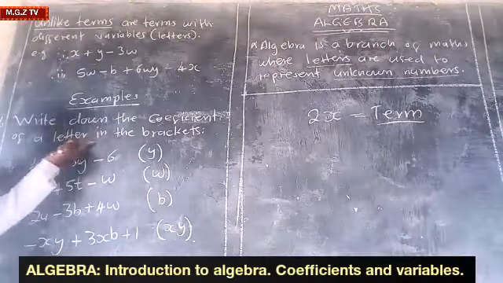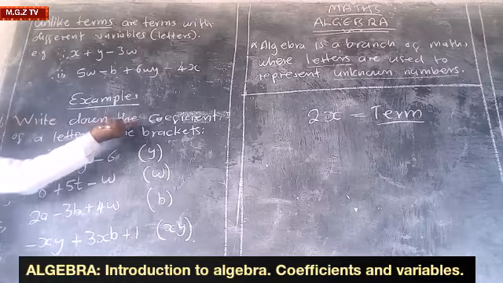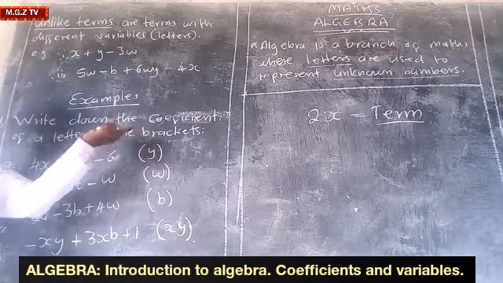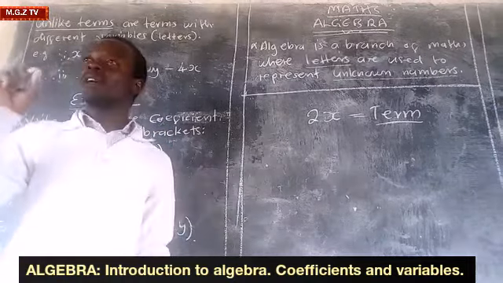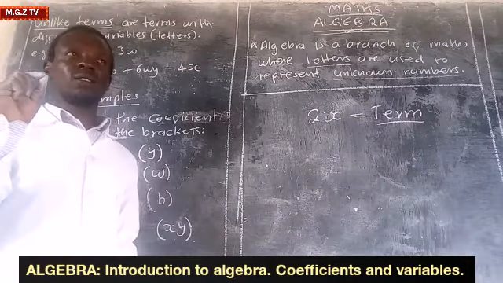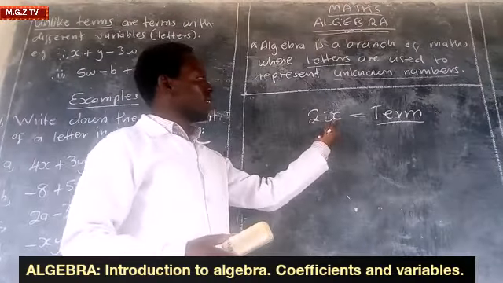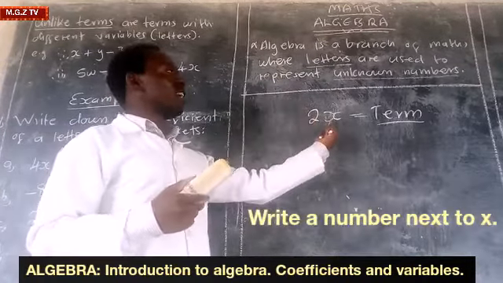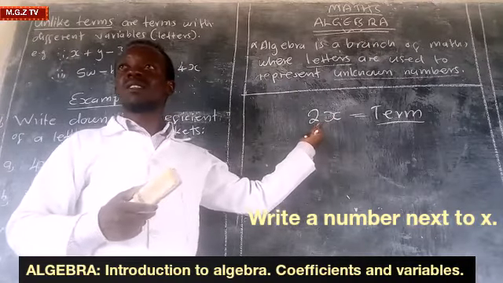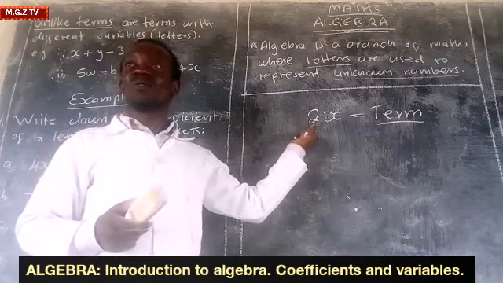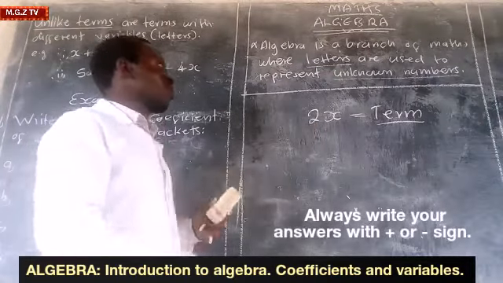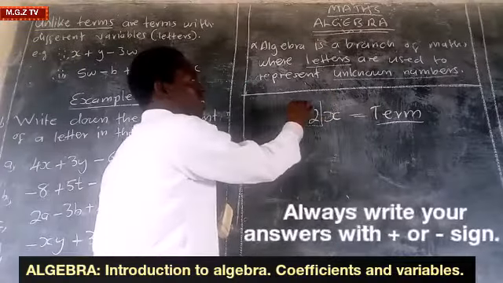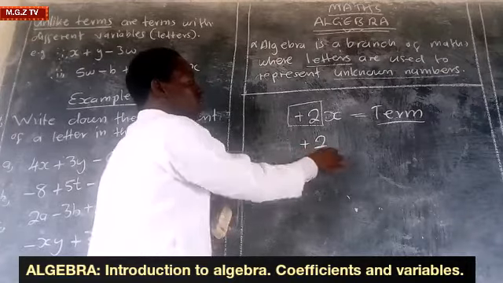Our example here tells us to write down the coefficient of a letter in the brackets. They are asking you to write a number. Apart from x, we have a number. Now they ask you to write the number next to x. What is the answer there? 2. It's wrong, right? Always put the positive, then it ends.